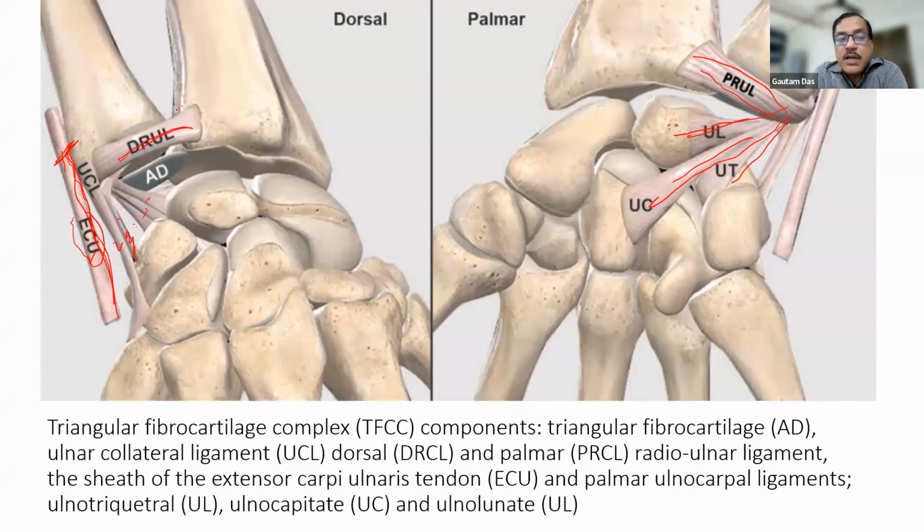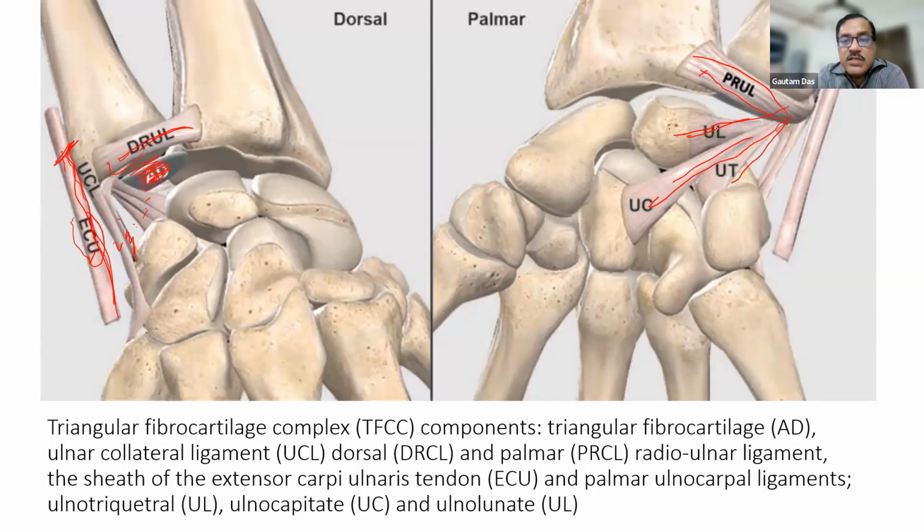One is your palmar, another is your dorsal, and on either side it is encircling what? This articular disc. So the articular disc is encircled by the dorsal and the palmar or volar radioulnar ligament. So what are the components of the TFCC? One is the articular disc, bounded by the dorsal and palmar radioulnar ligaments, one this side, another this side.